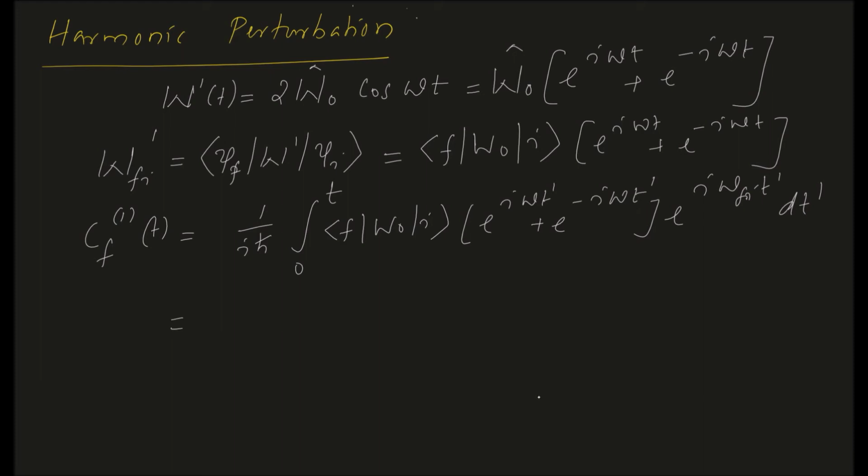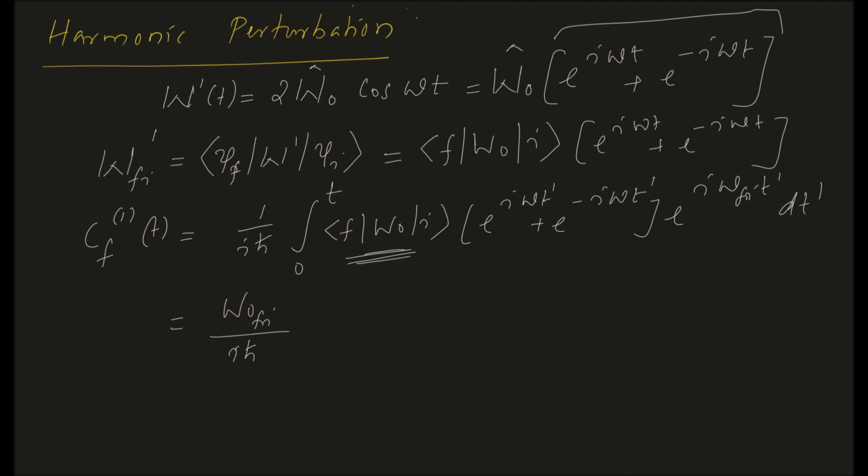So this is equal to W0_fi, the matrix element, because this W0 is constant or independent of time. The time dependent part is given by these exponential terms, so you can take it outside.